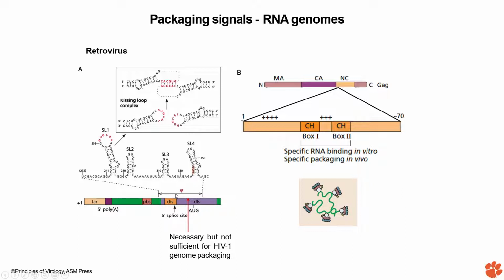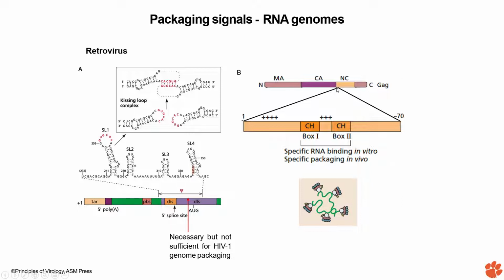You need other sequences, but this is where the packaging signal basically arises. That means that this is the portion of RNA which is going to interact with these proteins in here, which is the GAG. So if this is your GAG, you can see that this is your matrix protein, a capsid protein, nucleocapsid protein. From here you will see p1, p6.